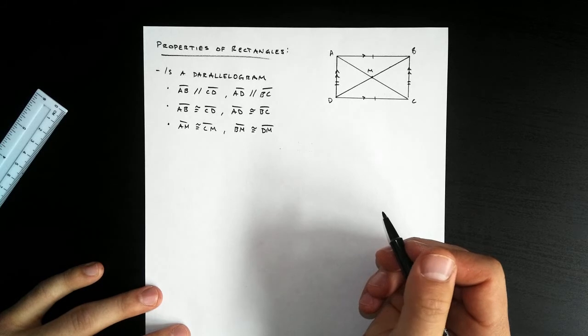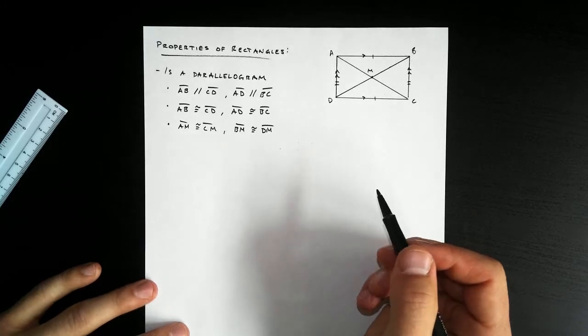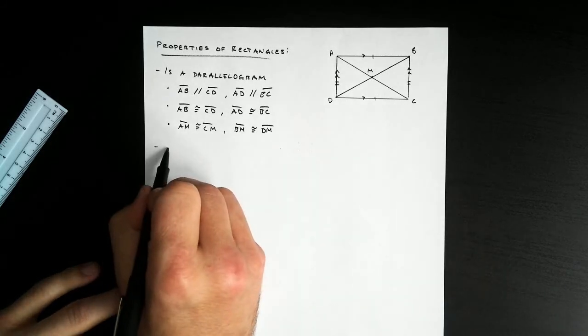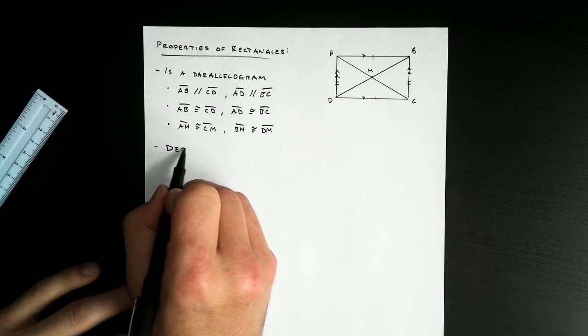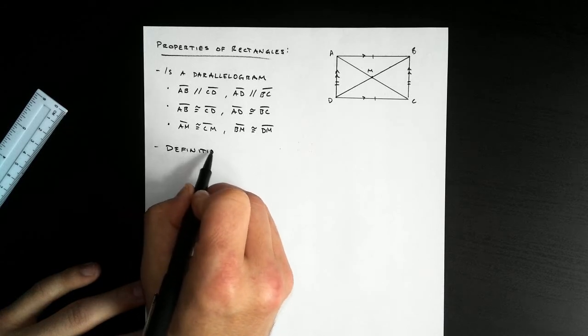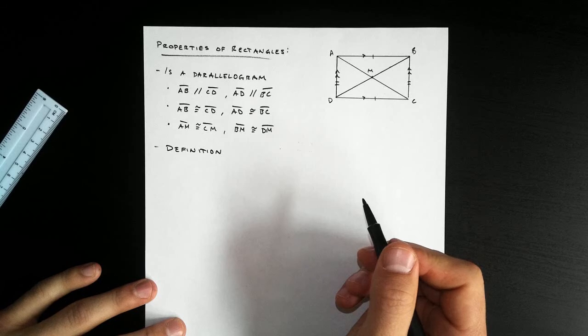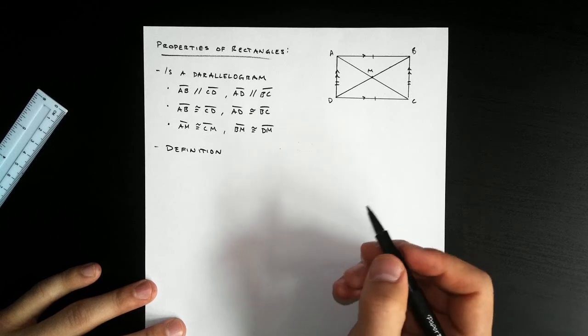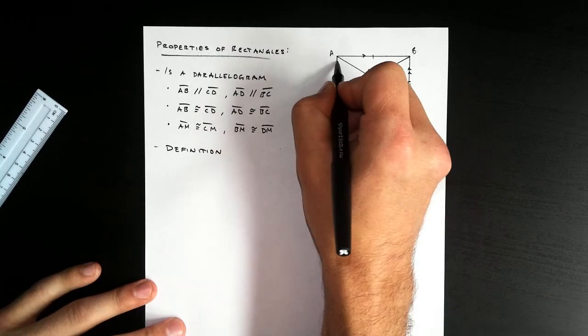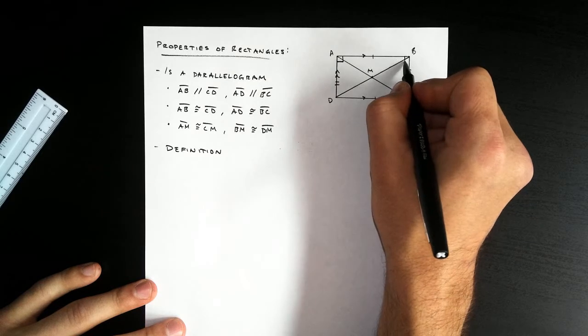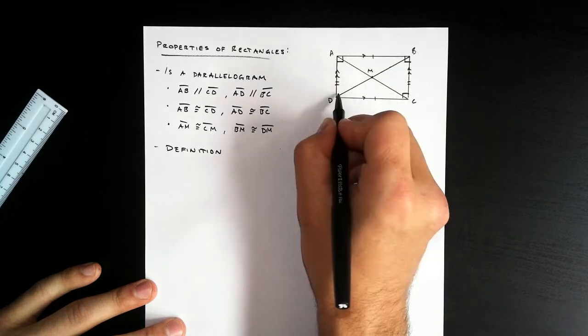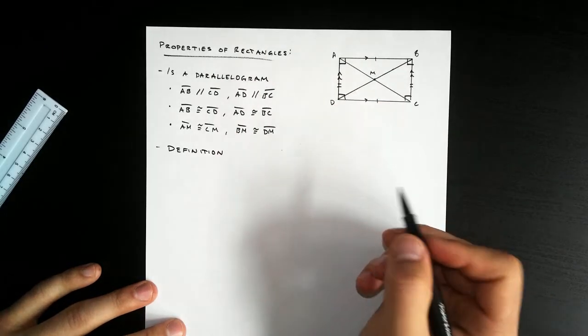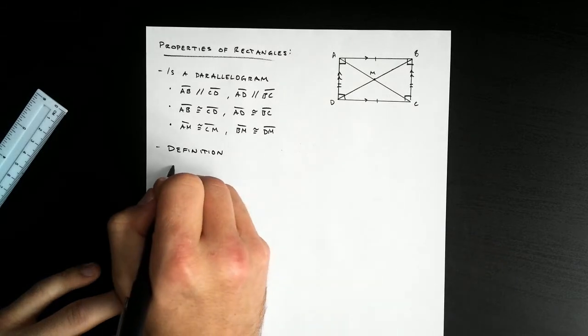Another property of parallelograms is the opposite angles are congruent to each other, but the definition of a rectangle is it's a parallelogram that has 4 right angles. So all of these angles, they're all 90 degrees, they're all congruent.